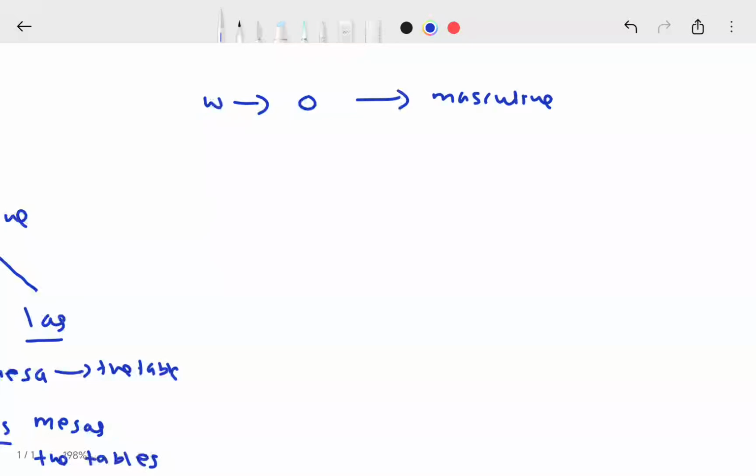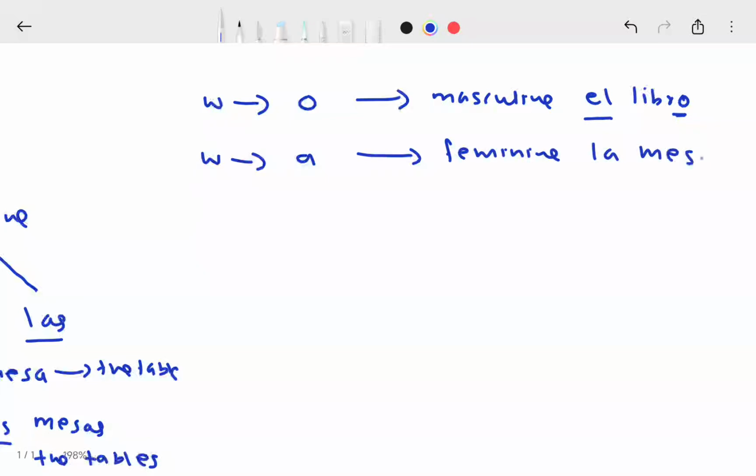In this example, el libro, as it ends with O, we have considered it masculine and we have given el. And if the word ends with A, it is generally considered feminine. Here, la mesa. The word mesa, which means table, ends with A. So we consider this word feminine and we have given la.